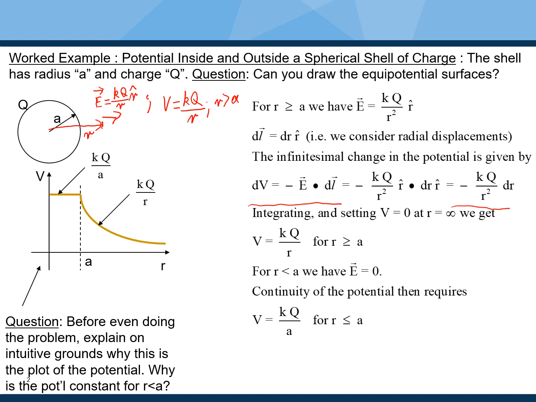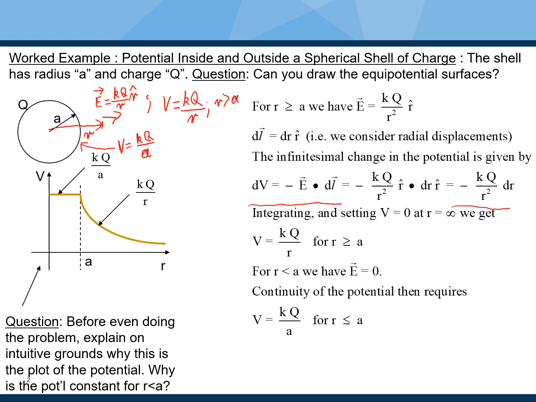So that's the idea. This actually tells us that the potential exactly at the surface of the sphere, as measured from the outside direction, is just given by V equal to kq divided by little a.